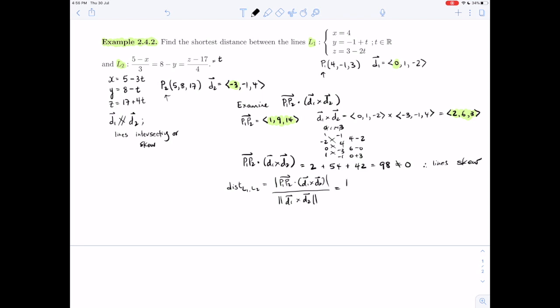So that means it's the absolute value of 98 divided by the square root of 2 squared plus 6 squared plus 3 squared. So the absolute value of 98 is 98. 4 plus 36 plus 9 is 49, the root of 49 is 7. 98 divided by 7 is 14. The lines are skew, and the minimum distance is 14 units between them.